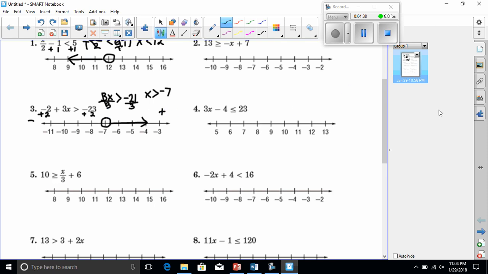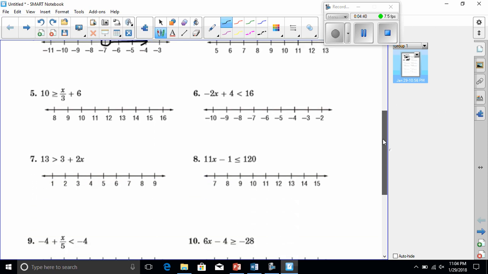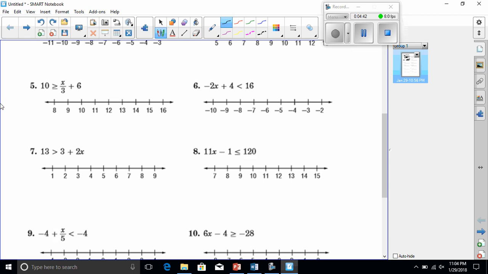All right, we're going to number 5 next. And I'm going to work a little quicker here. We got 10 is greater than or equal to x over 3 plus 6. Right away, I'm going to subtract my 6. That'll give me 6 minus 6, which gives me 0, but whatever I do to one side, I'll do to the other. That's going to give me 10 minus 6.